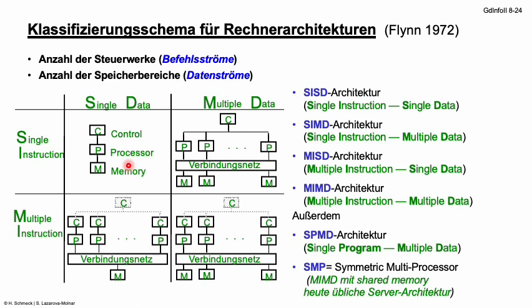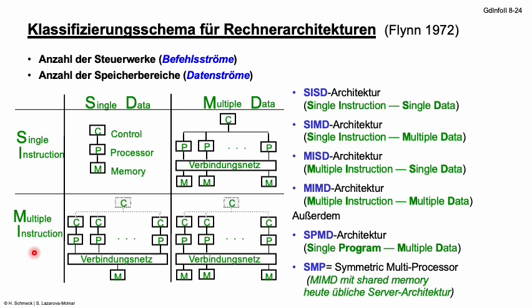So according to Flynn's classification, we have 4 different basic combinations of computer architectures. The first and the most simple one, that is also based on the von Neumann architecture, is the single instruction, single data. Here you can see this is like a matrix.